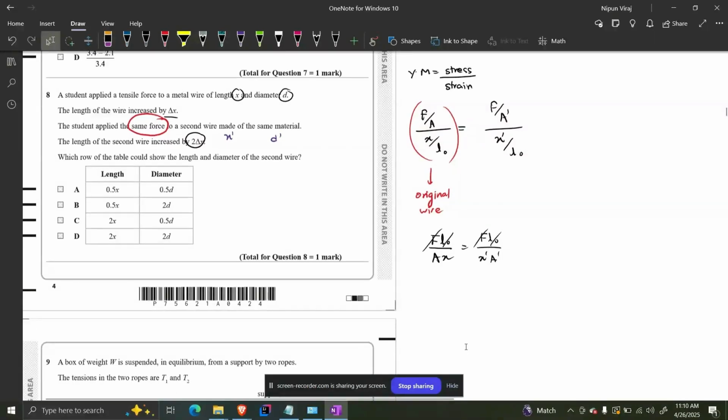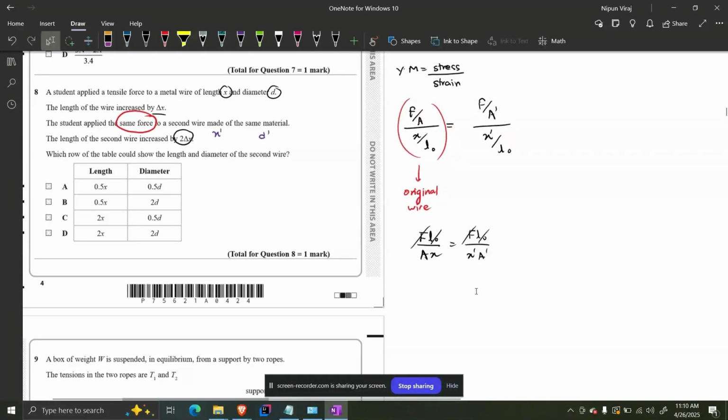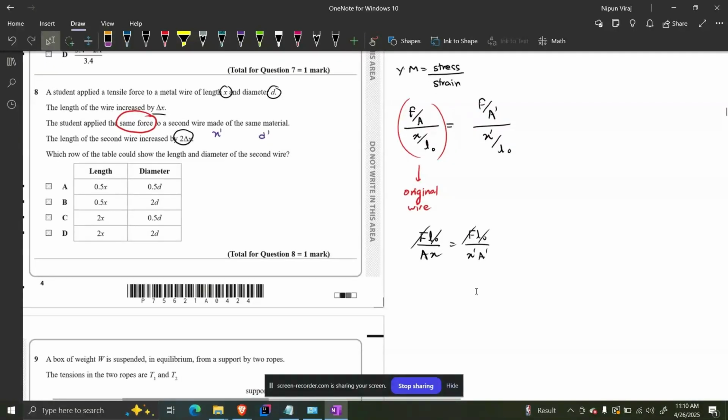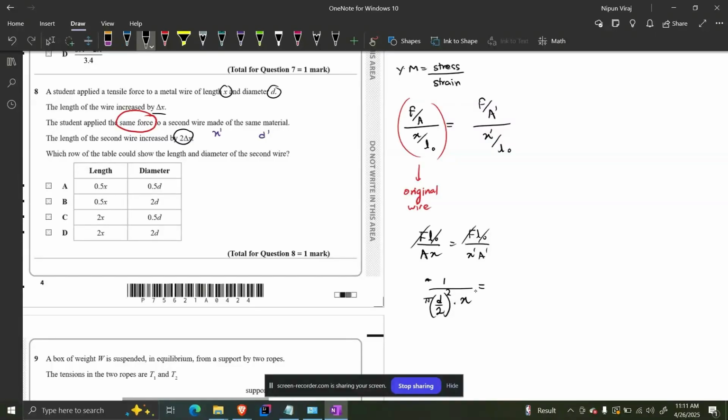This can be cancelled. So here, if you take the initial wire, we can say this is 1 over the area, which is pi times d squared, into x, equals 1 over, let's suppose the new wire's diameter is d dash, the area, and the extension is x dash.